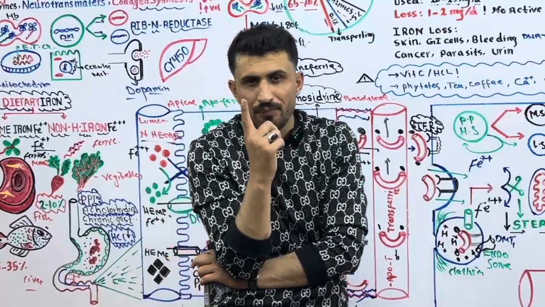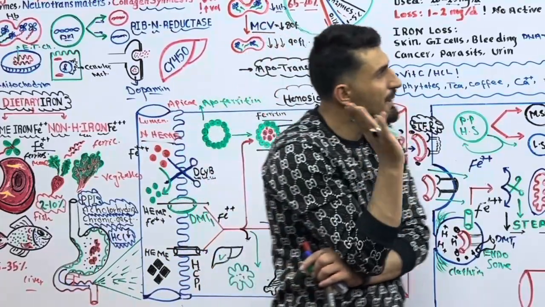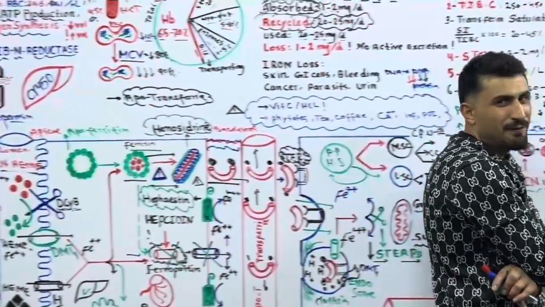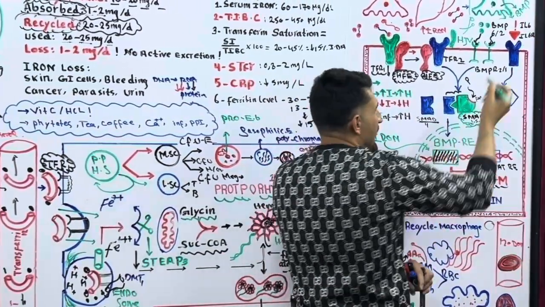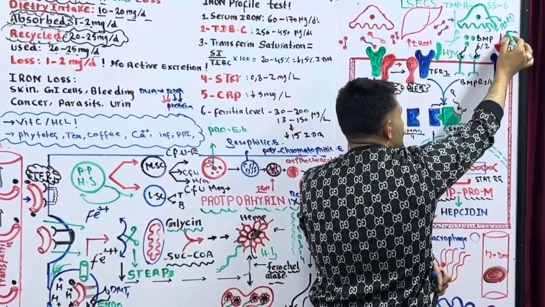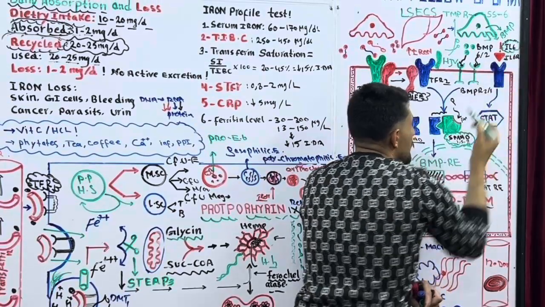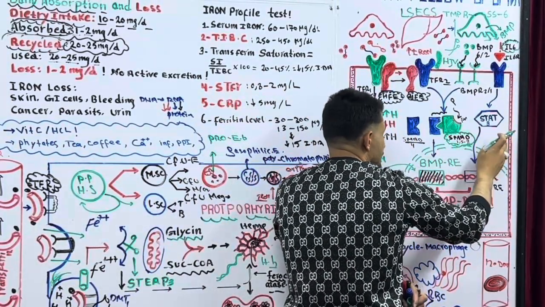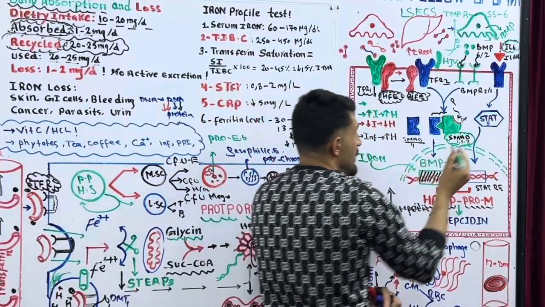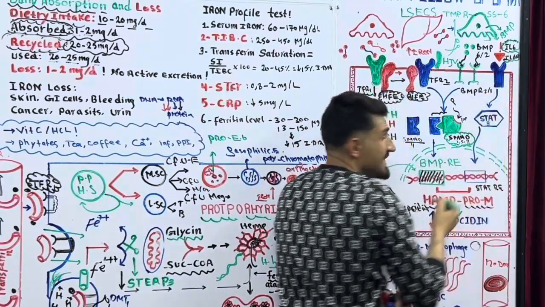Now, during inflammation, when a person has long-term inflammation, a lot of interleukin proteins are produced, and one of those is interleukin 6. Interleukin 6 also has a receptor on this hepatocyte, which is called the interleukin 6 receptor.